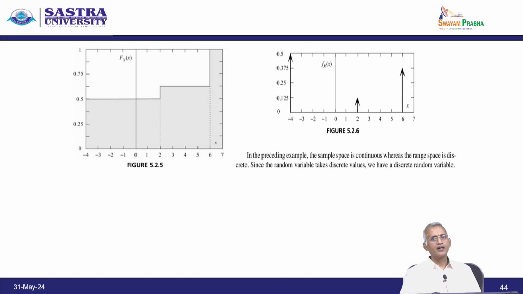This is the graph corresponding to the map, and it shows that the sample space is continuous whereas the range space is discrete, and the random variable takes discrete values, the corresponding discrete random variable X.